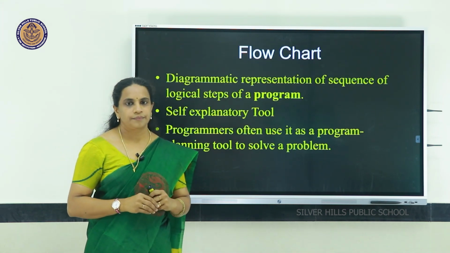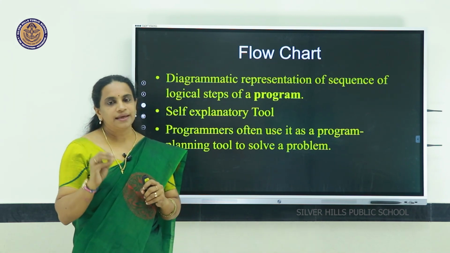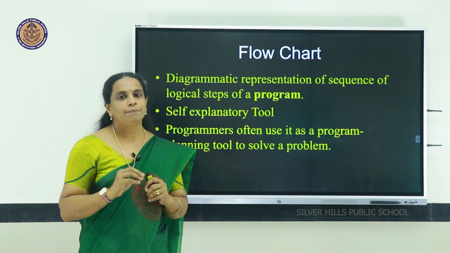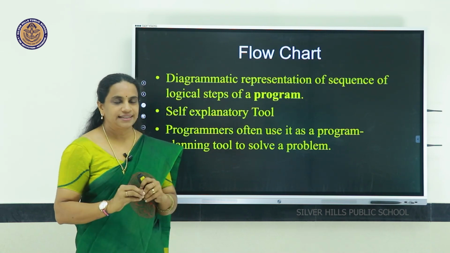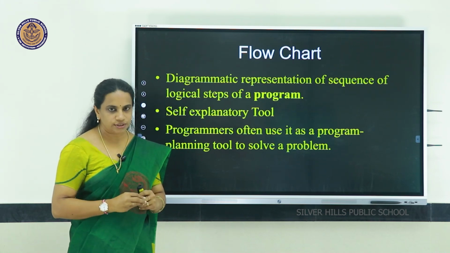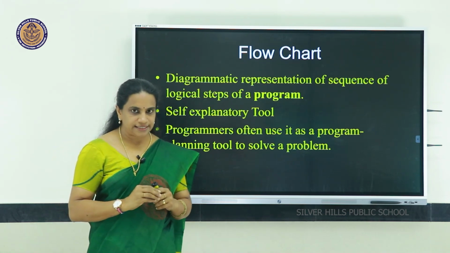What is a flowchart? It is a diagrammatic representation of the logical concept of a program, or we can say a pictorial representation of a program is known as a flowchart. It is self-explanatory.